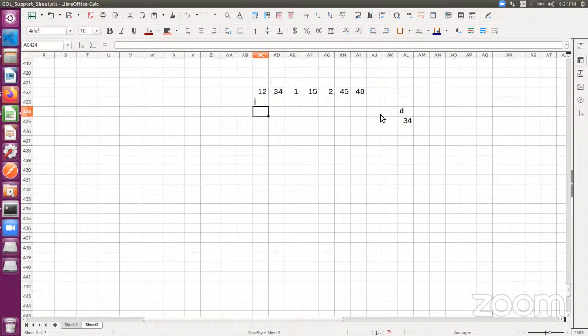So now what you have to do is you have taken the ith element and stored it in d. Now do a comparison between d and A of j, supposing the array name is A. So don't compare the ith element and the jth element. Compare the jth element with d.